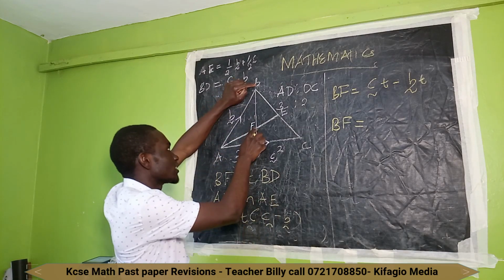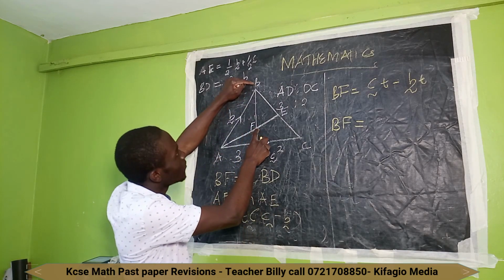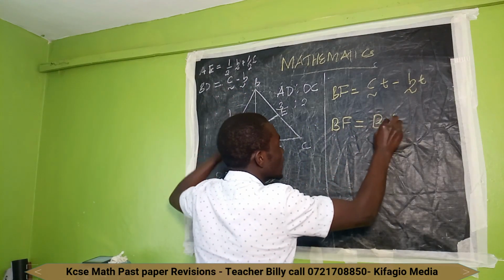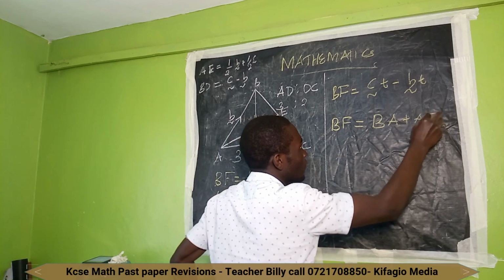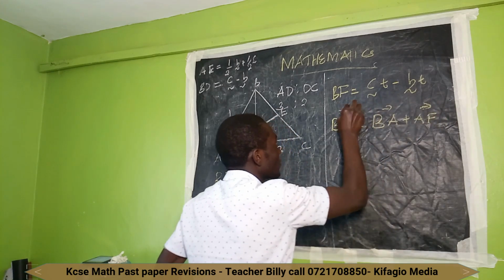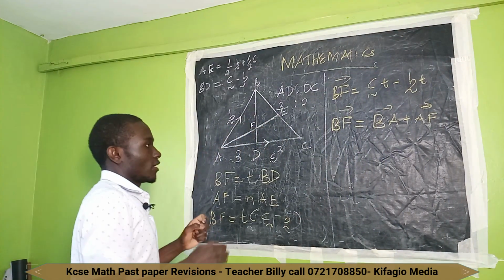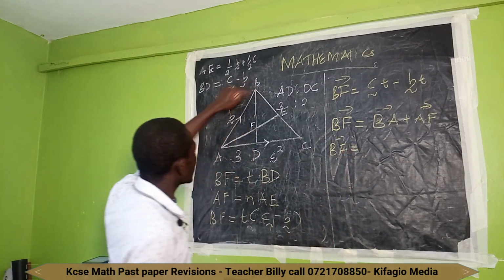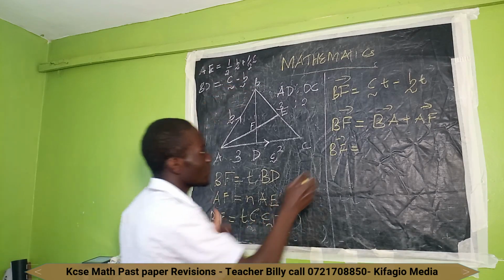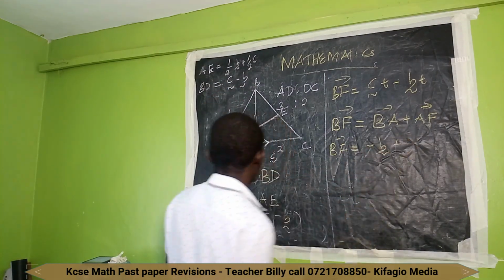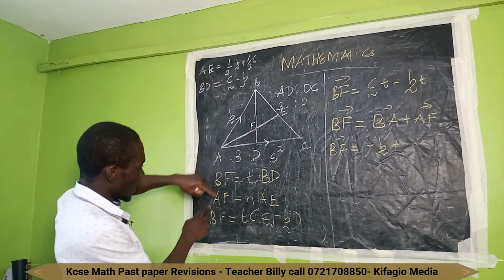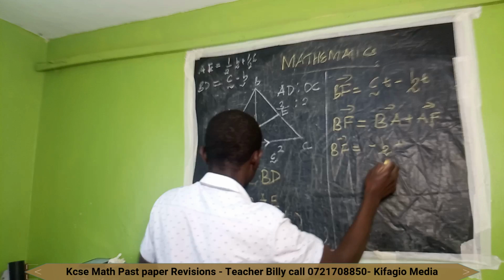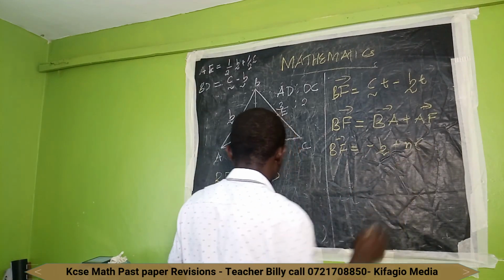You are at B, you need to get to F. Remember they are vectors. So BF is equal to BA, and AB is positive B, so BA will be minus B, plus AF. Class, remember AF, we have been told it's a scalar multiple n of AE. So AF is n of AE.